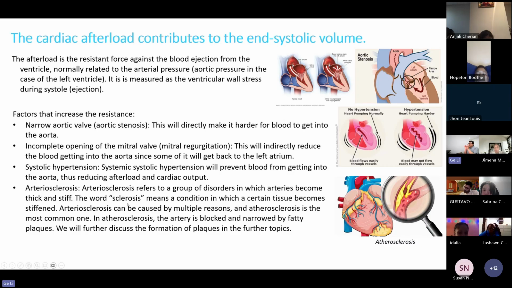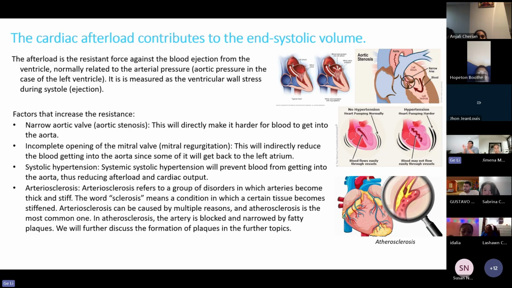Basically, atherosclerosis is the narrowing of the arteries. When the artery narrows down, it makes it harder for the blood to push through. So it's another way to increase the afterload.